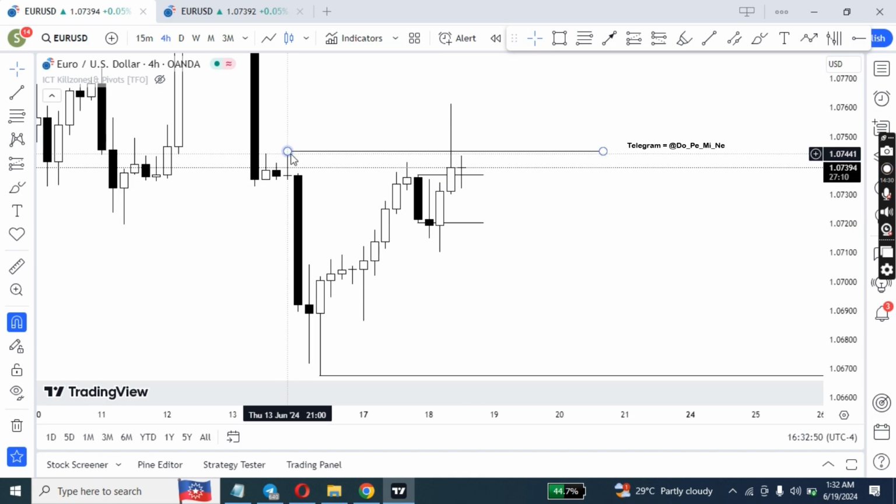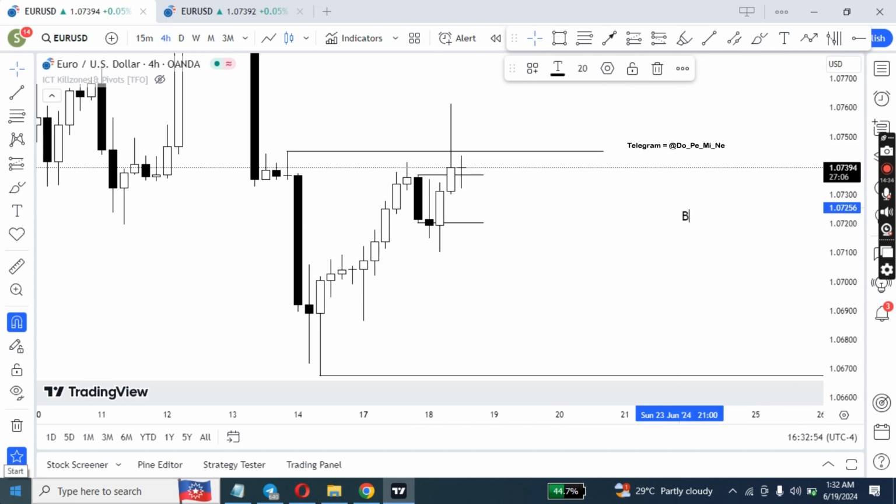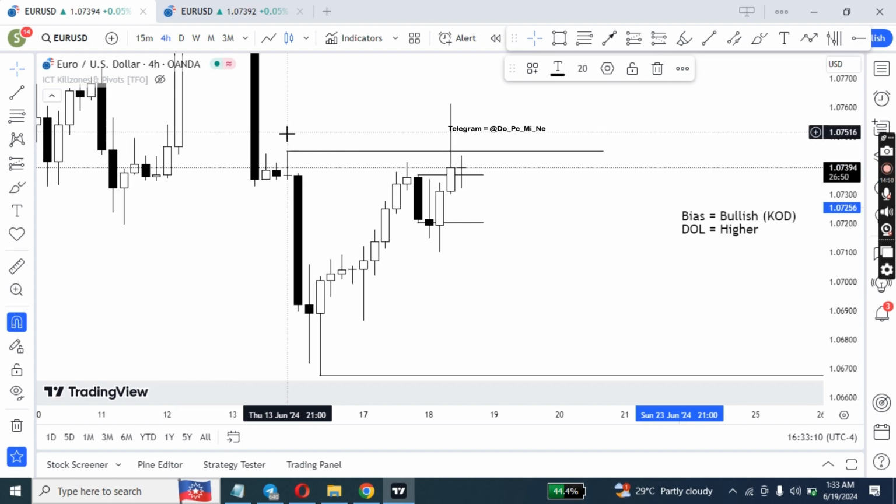So our bias was first of all bullish. Now our bias was bullish, and the reason for that was that we were in the QD stage and the kiss of death stage of this whole sequence, right? And our drawn liquidity was also higher, which was this range high and this daily CRT high right here, right?